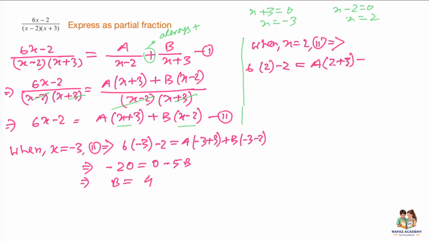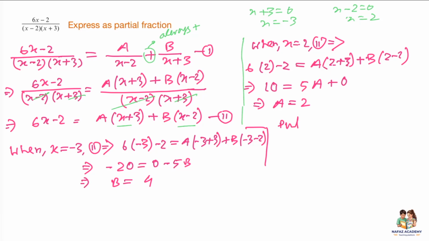Can you tell me which part will be 0? It's the B part, right? Because I'm taking the 2 from B. So 10 equals 5A. Yes, the B part is 0. A equals 10 over 5, that is 2.